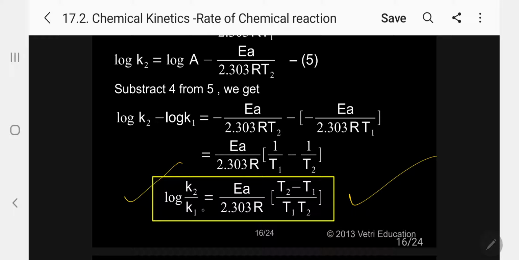So the ratio of rate constants depends upon the temperature. Since rate depends on rate constant, we say rate depends on temperature.